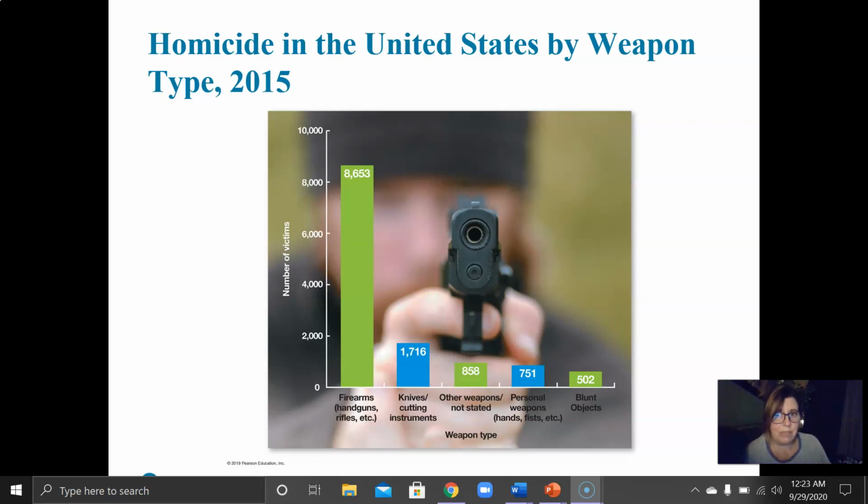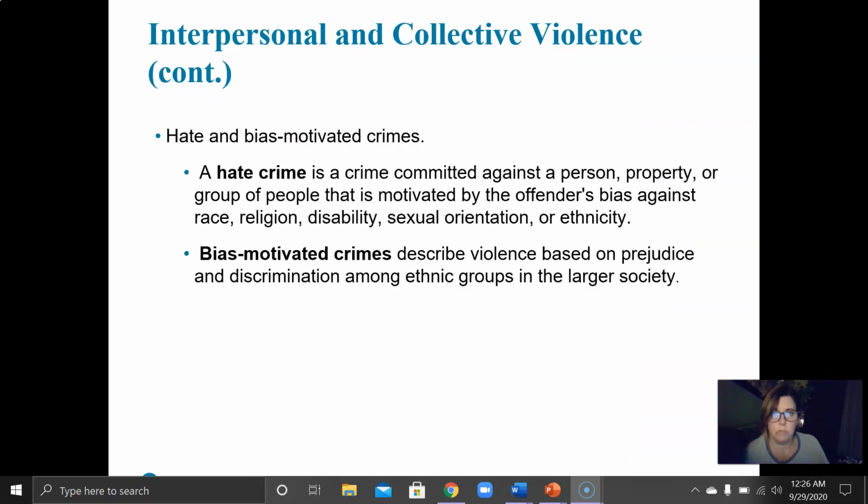Because from 8,653, it drops down to 1,716, down to knives and a cutting instrument, and then down to 858, and so on. So I think that's a pretty big jump and something to be aware of, with the ease of firearm killing someone.